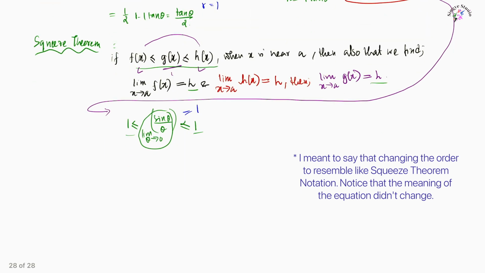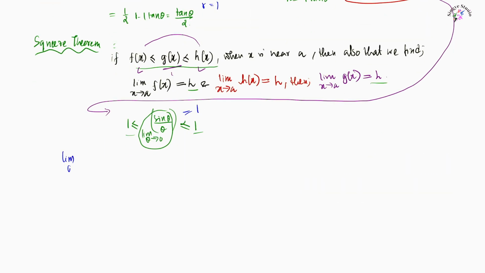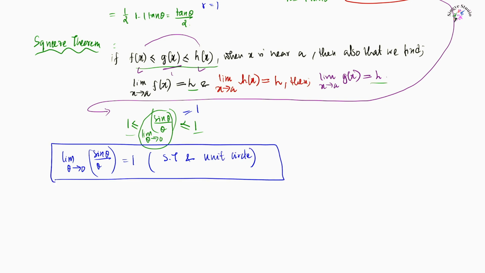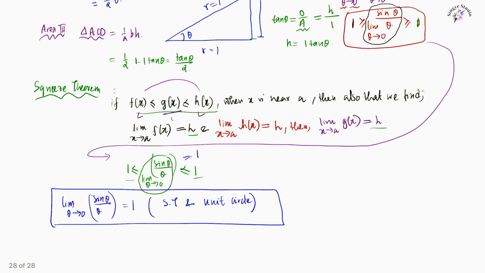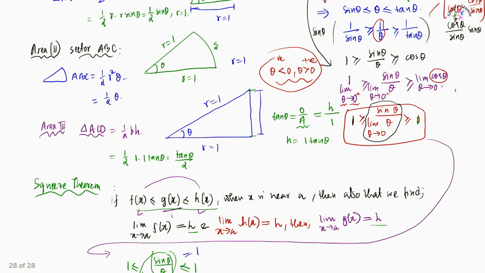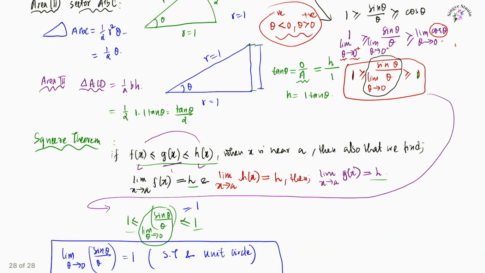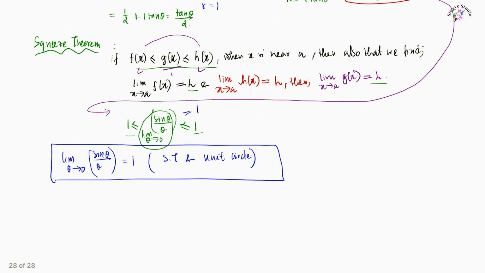Thus we have proved that the limit as theta approaches 0 of sine theta over theta is equal to 1 by using the squeeze theorem and the unit circle. So this is a very important result, and you will need it when we derive the proof for the derivative of sine x with respect to x being cosine x.